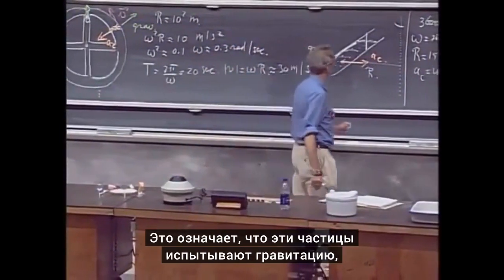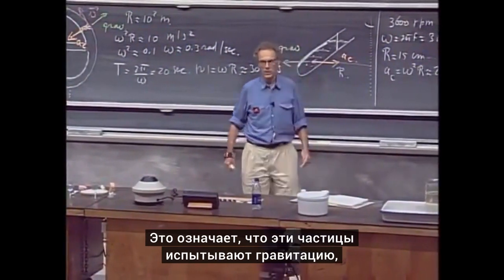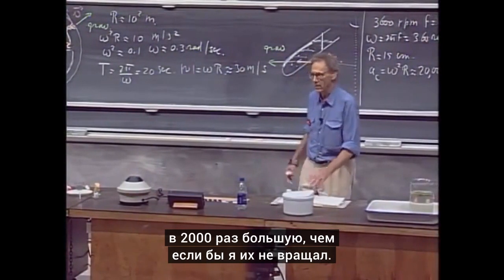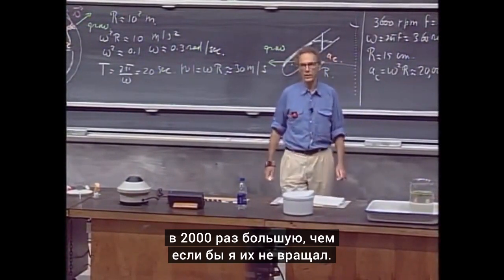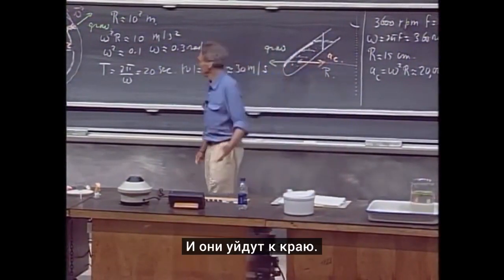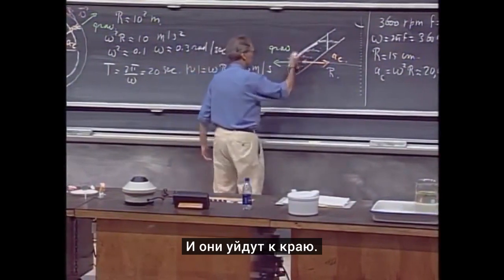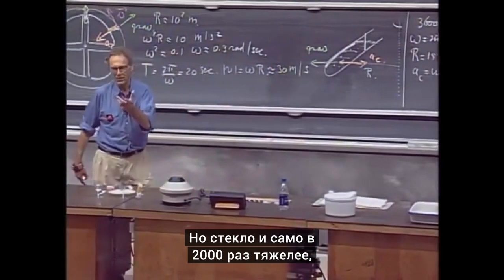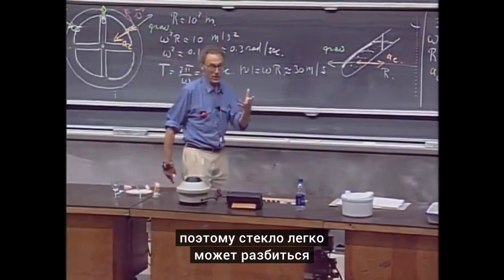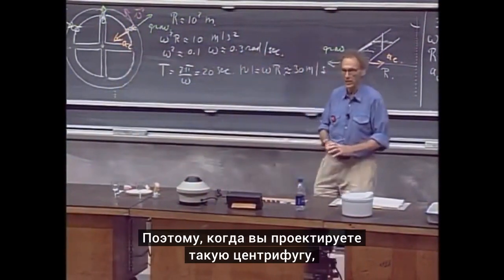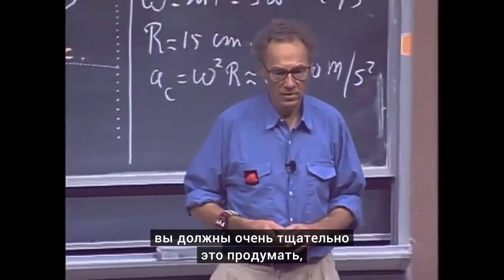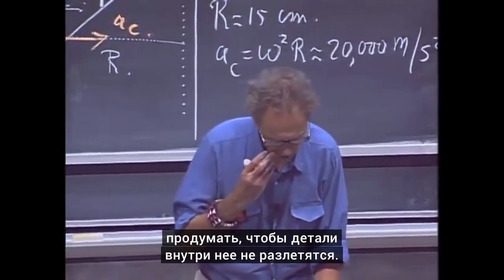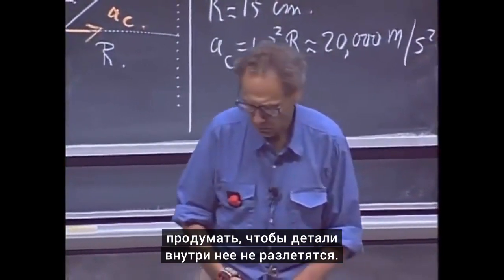It means that these particles experience gravity which is 2,000 times stronger than if I don't rotate them. And so they will go to the side here. But the glass itself is also 2,000 times heavier. And therefore, the glass can easily break. So when you design a centrifuge like that, you have to really think that through very carefully, so that the pieces that are in there don't fly apart.